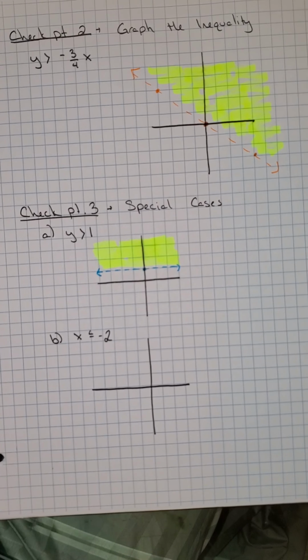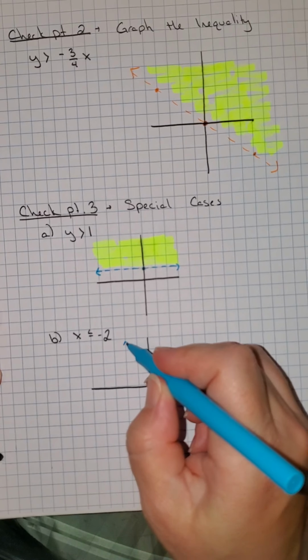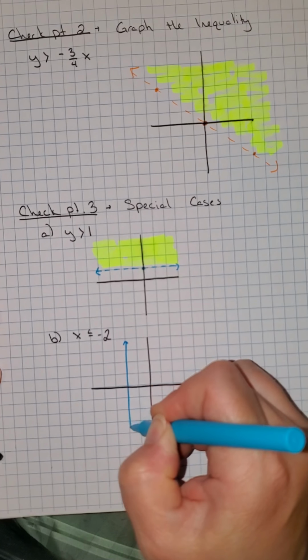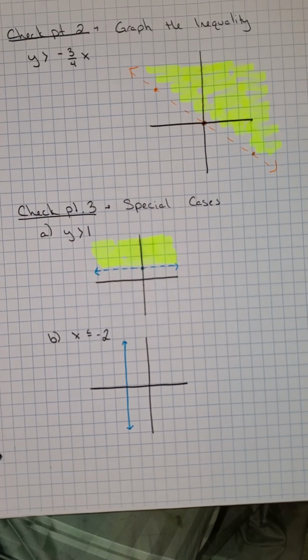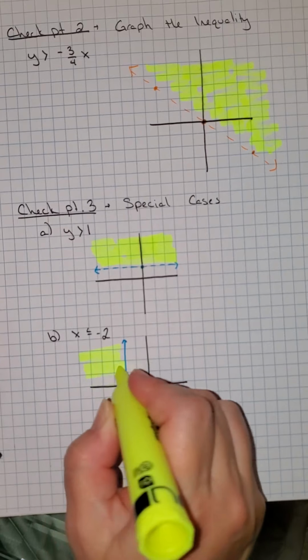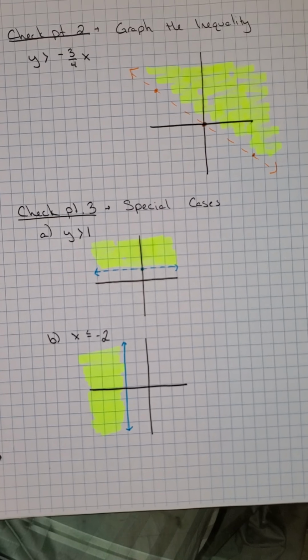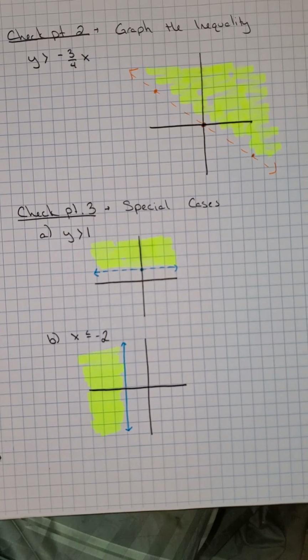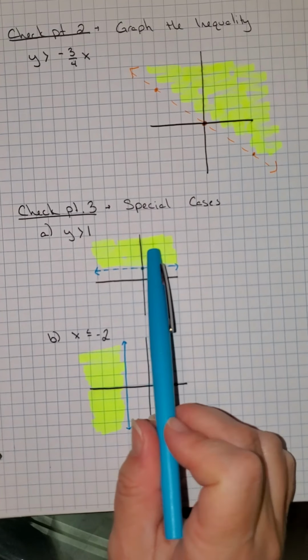X being less than or equal to negative 2. Less than or equal to is a solid line. Less than or equal to, we'll shade to the left. And that's it. So this one does your greater than, so it's up or down.